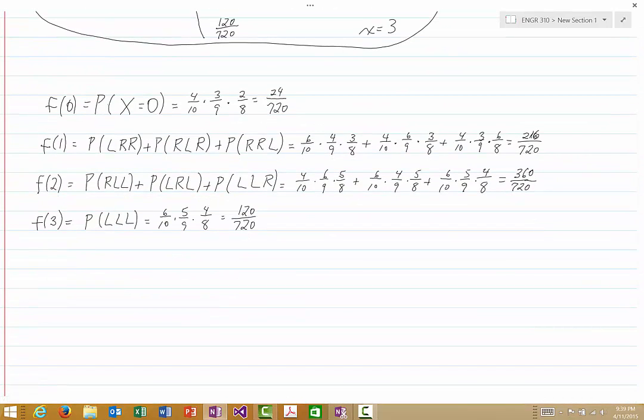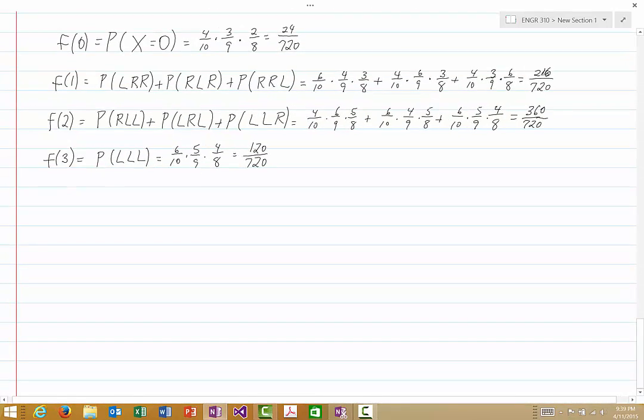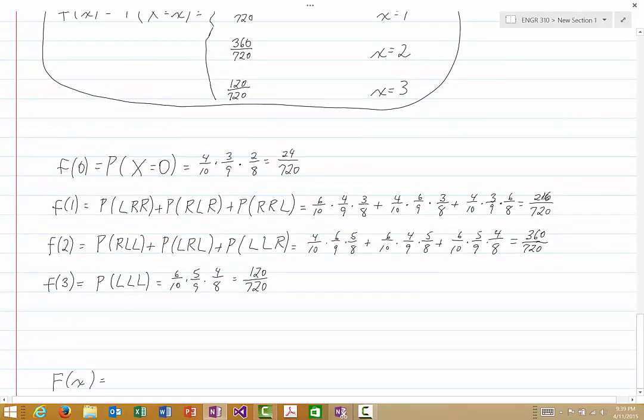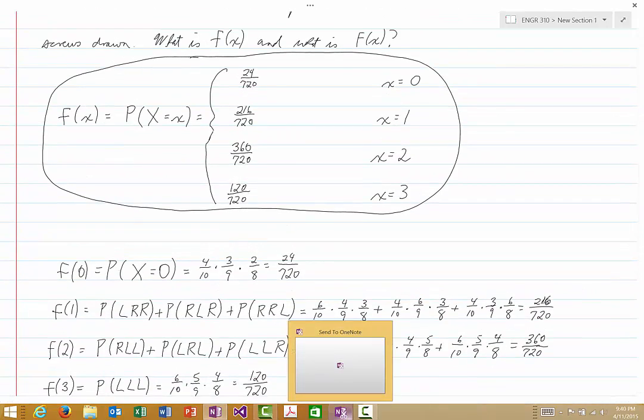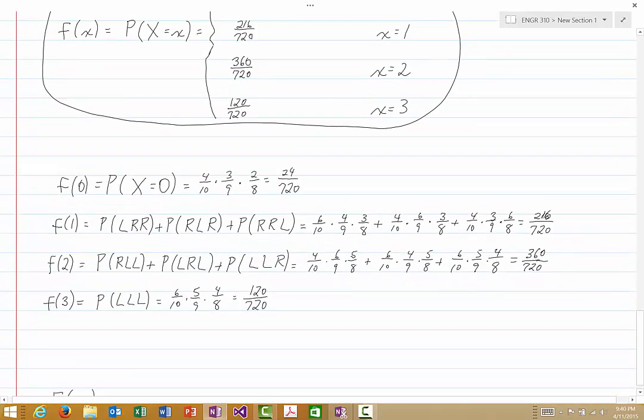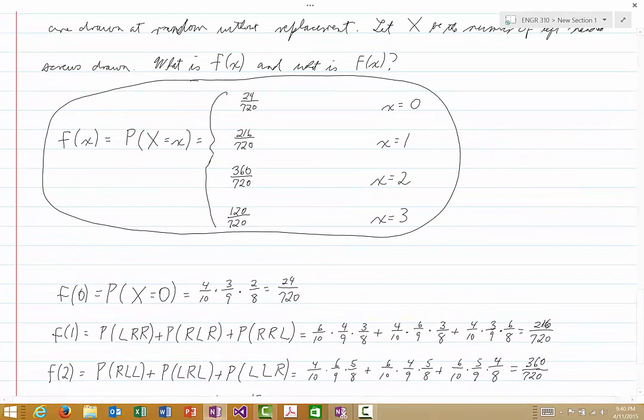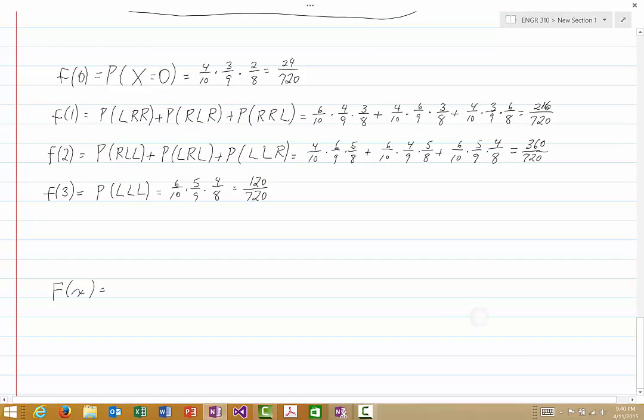So now let's calculate capital F of x. And notice that indeed, if little x is any number less than 0, then this is 0.